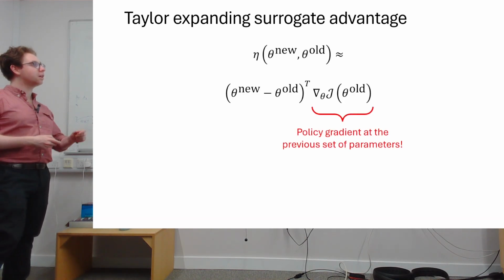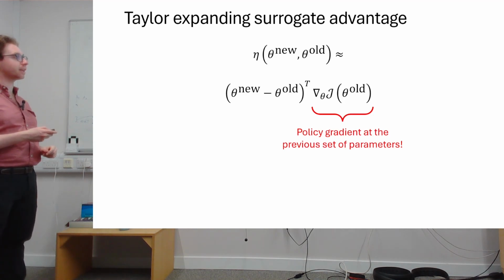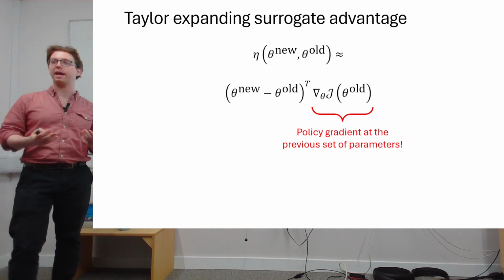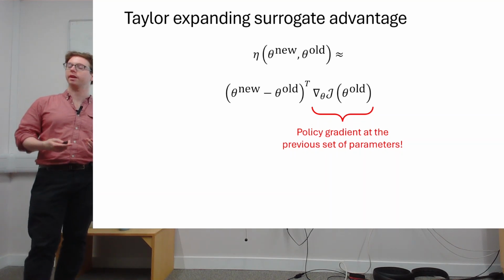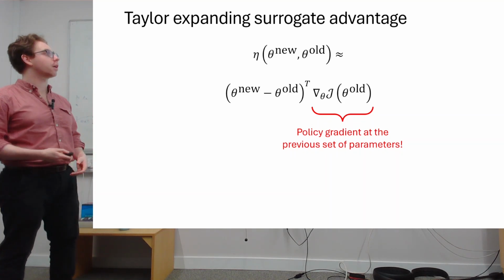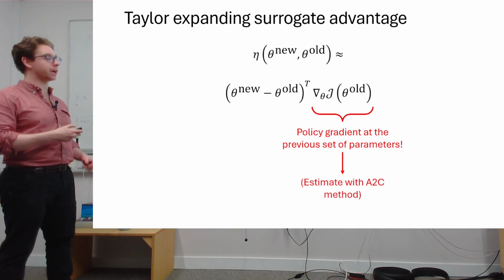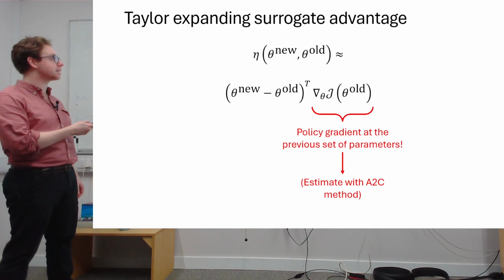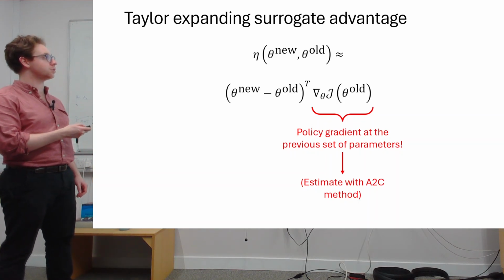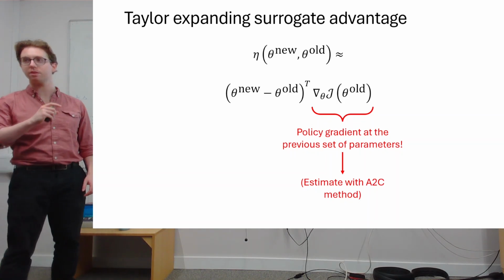This is the policy gradient at the previous set of parameters. And the good news is we know how to estimate this. We had an entire lecture on A2C, all about how to estimate this policy gradient. When we get to that stage, we will estimate this using the A2C method. Any questions?